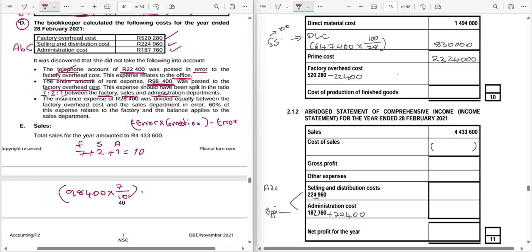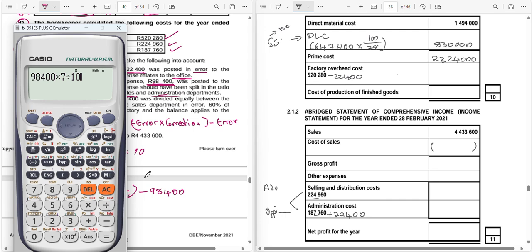And the formula says minus that error, 98,400. So this is the straight and easiest way to do it. You close your bracket there, open it, minus that error of 98,400.